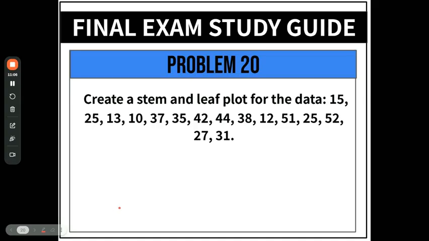Problem number 20. Create a stem and leaf plot for the data. A stem and leaf plot is a way to categorize data based on which group each member of the data is going to be put in. First, we're going to create groups.